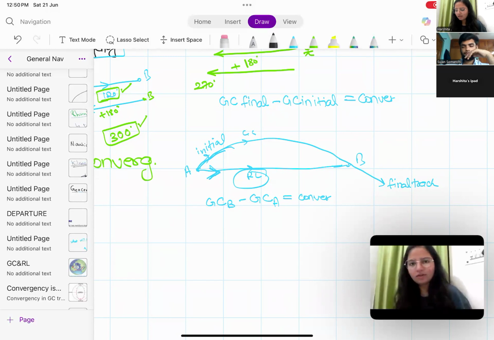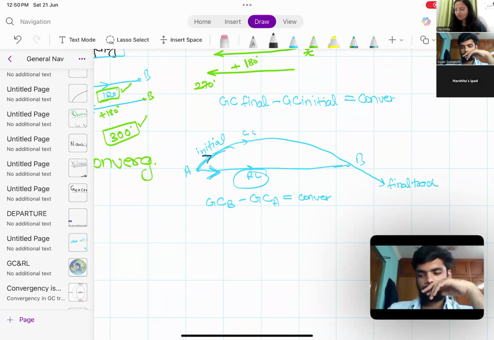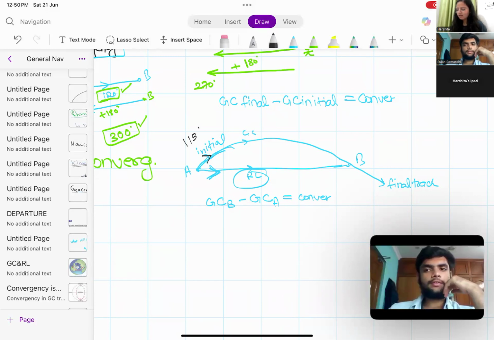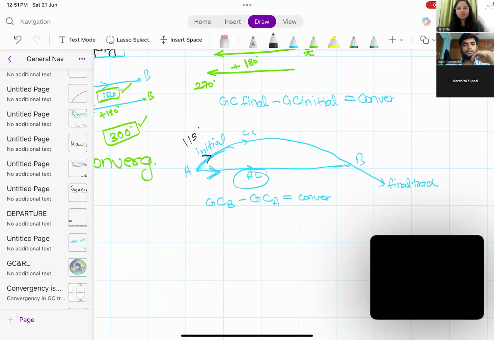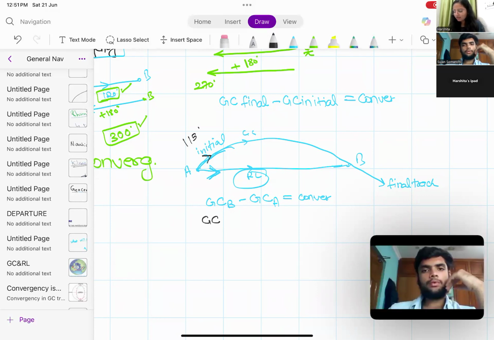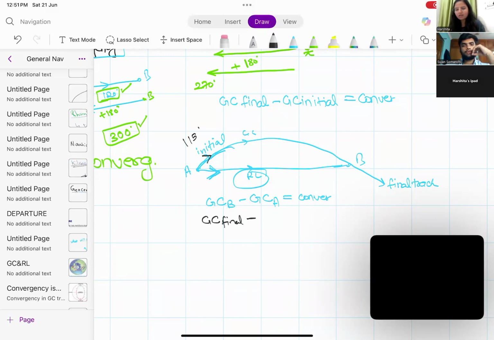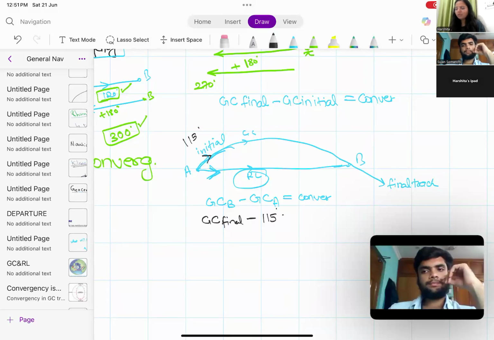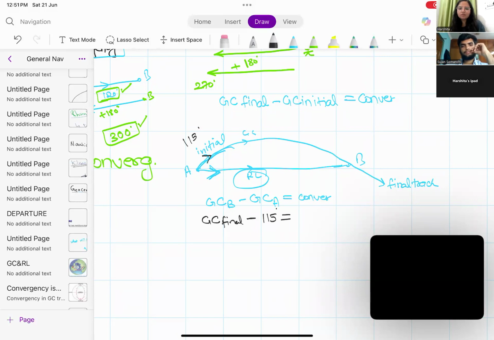The initial great circle track was given. How much was it? Initial 115. Do you know the final? No. So GC final, we don't know, minus initial was given 115. That will be equal to convergency.